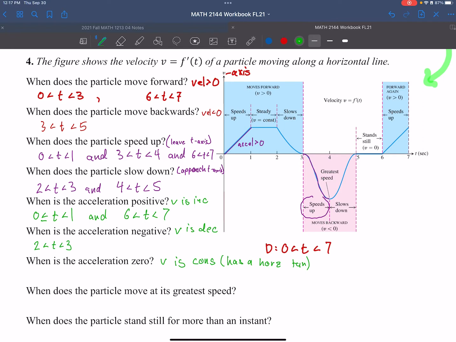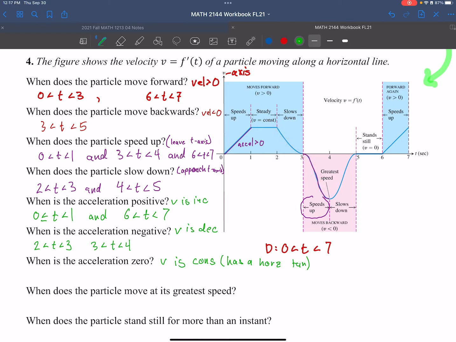And is there another one? Where at? From 3 to 4. Does everyone agree that this is where it is decreasing? But that's one interval. So be careful with this one, because it is going to have a negative acceleration all through here.